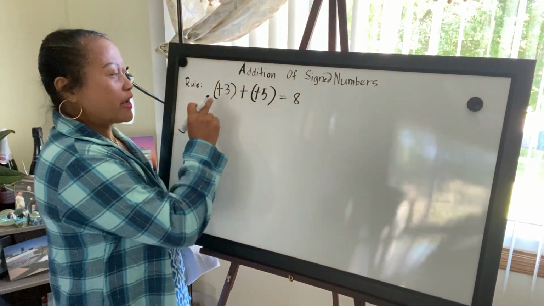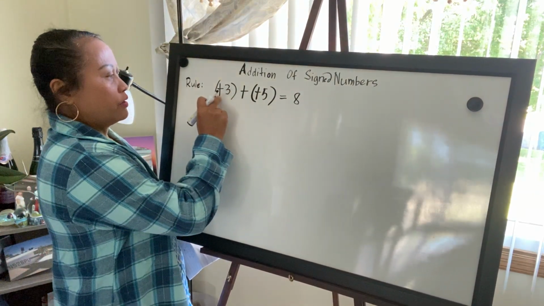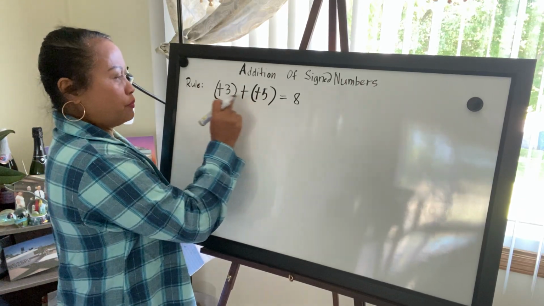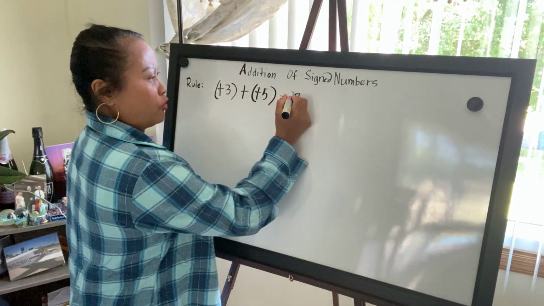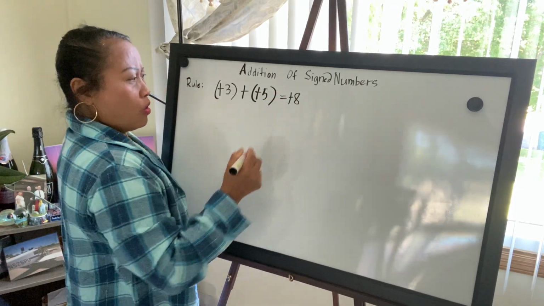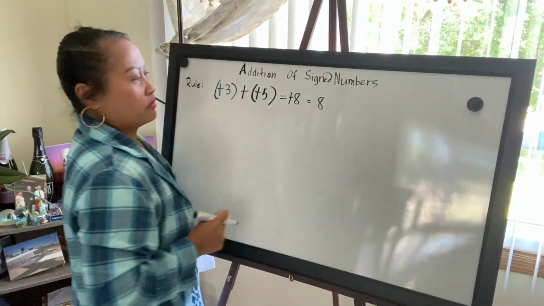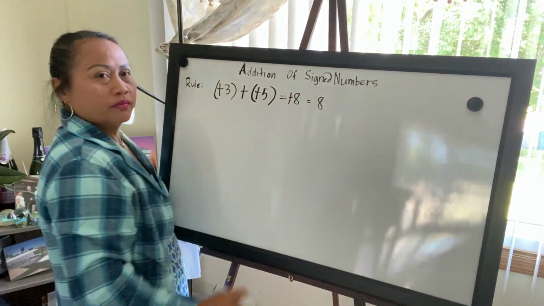Now you have to bring down the common sign. What is the common sign? It's positive, both positive. So you just bring down, put a positive 8, or it can be written the same as 8. It's just the same.